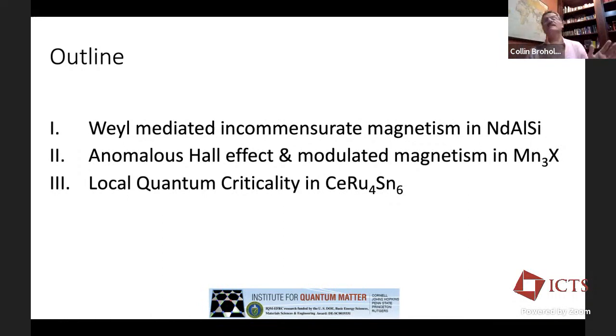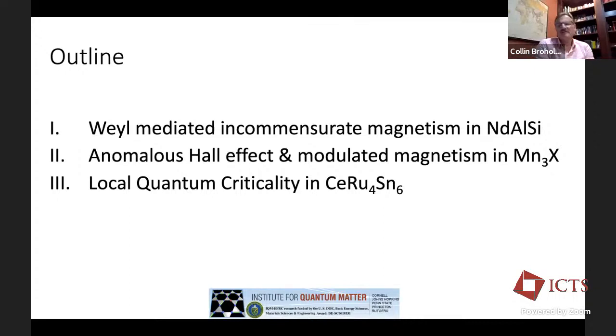So we know that even in the paramagnetic state, we have Weyl points in this material. We're interested in the kind of magnetism that results when we have really well-defined 4f electrons experiencing these Weyl fermions.